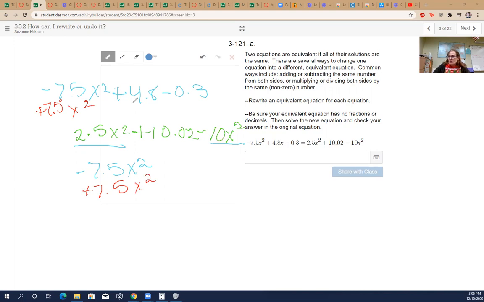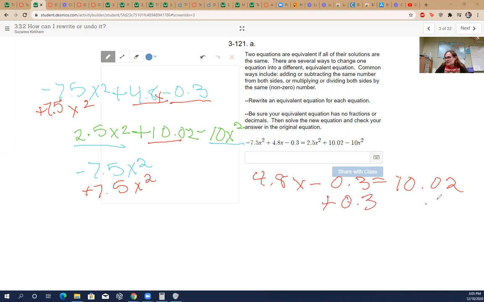All right, so now what we're left with is 4.8x minus 0.3 equals 10.02. So we'll write this over here: 4.8x minus 0.3 equals 10.02. We'll add 0.3 to both sides. That gives us 10.32.